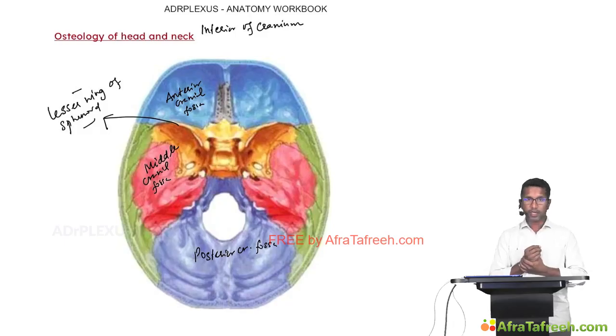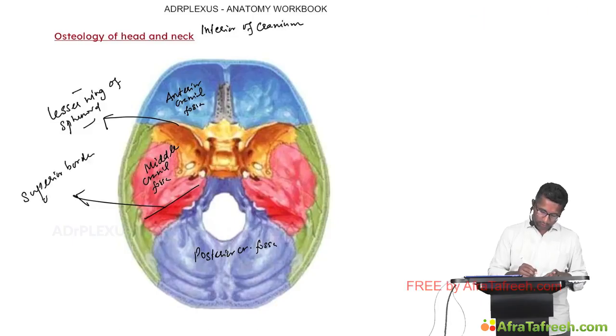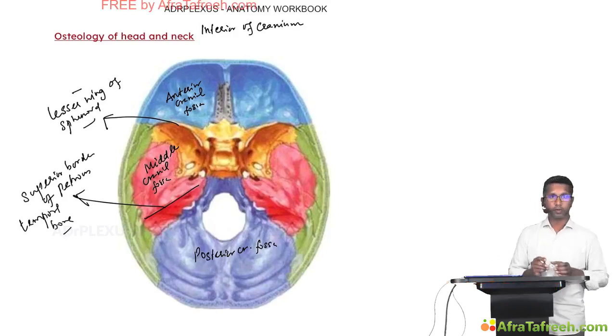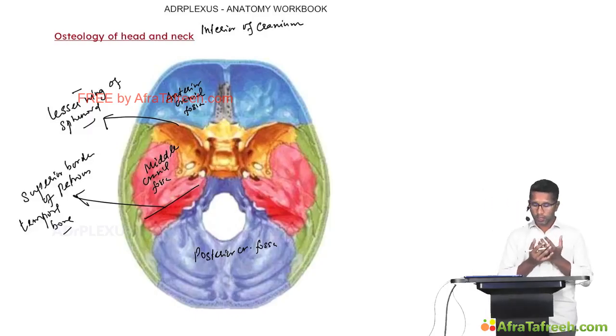The middle cranial fossa is separated from the posterior cranial fossa by this bone, the petrous temporal bone. This is the superior border of the petrous temporal bone, which separates the middle cranial fossa from the posterior cranial fossa.